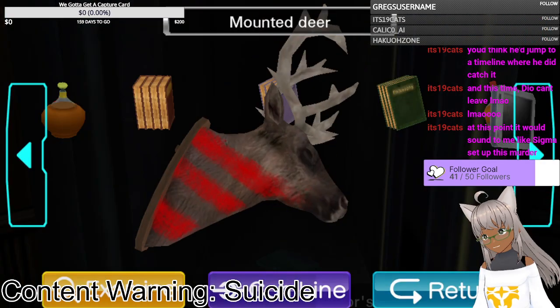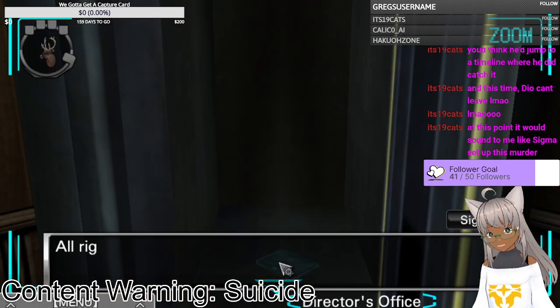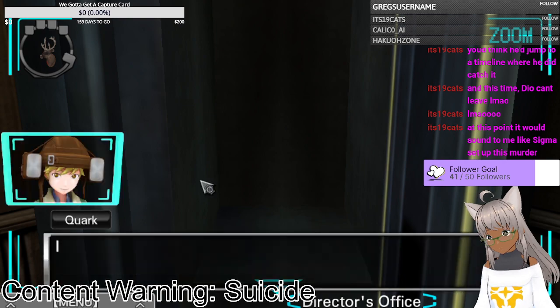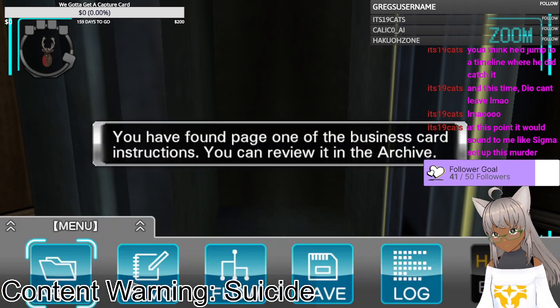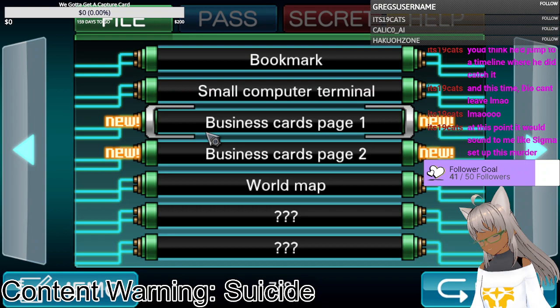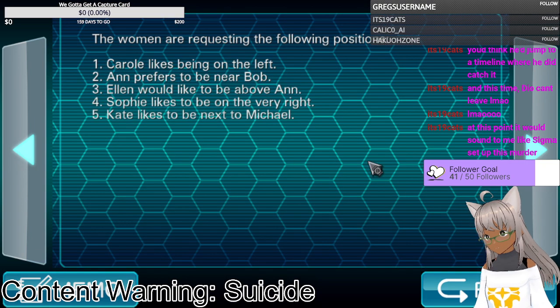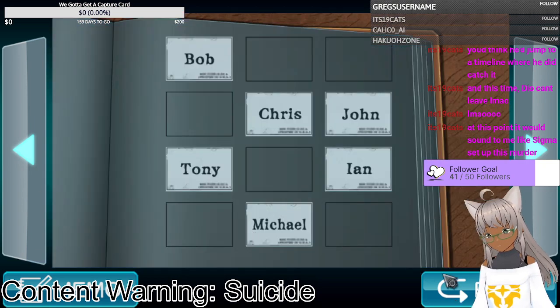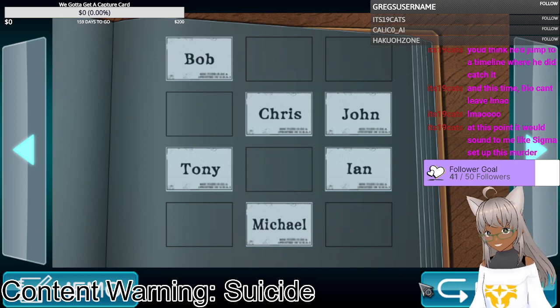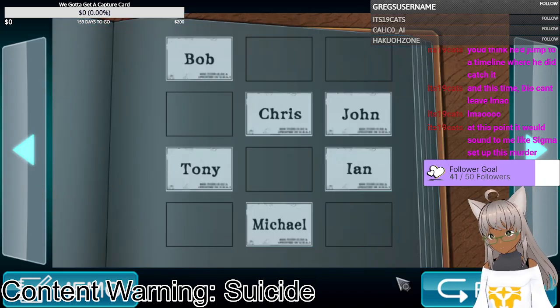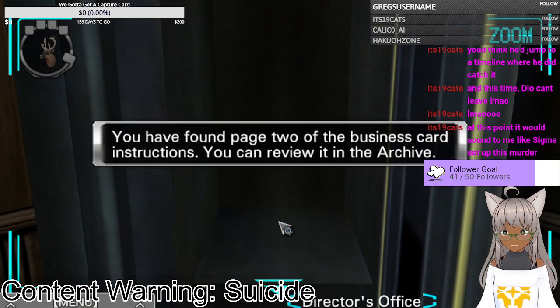We need this deer. These have letters on them. Okay, so this shows us what's absolutely correct, and then we have a logic puzzle. Cool. Sounds good to me.